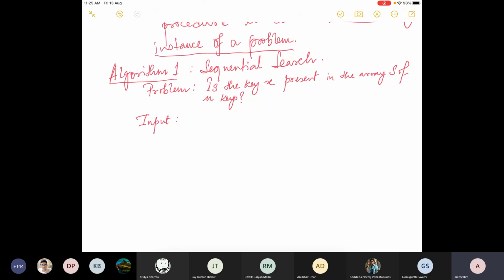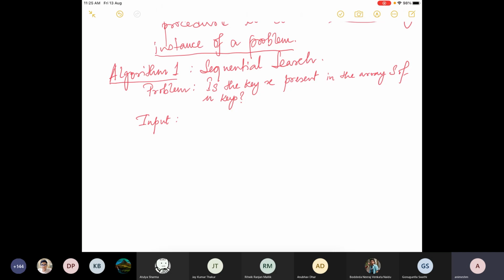They first state the problem, then the input, then the desired output, and then they start writing the algorithm, so that the reader is already seasoned about what exactly the algorithm is trying to do. So this is a good way of writing the algorithm.